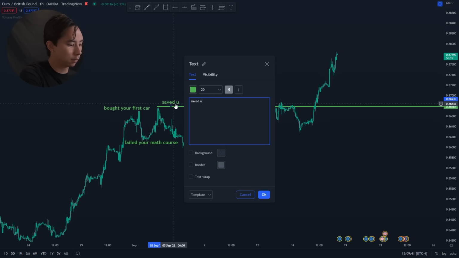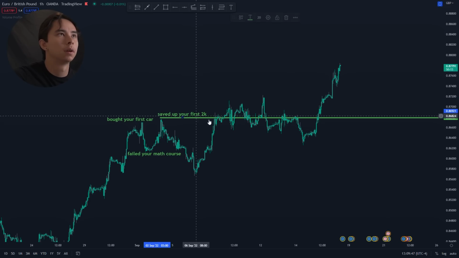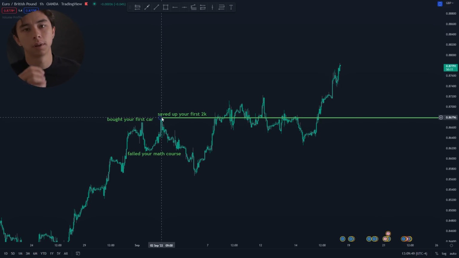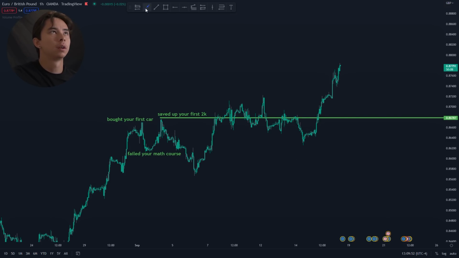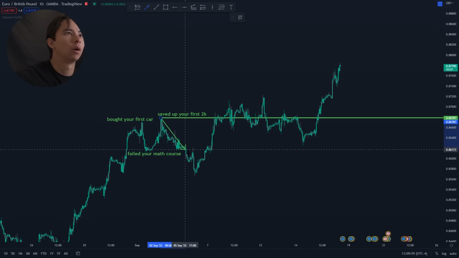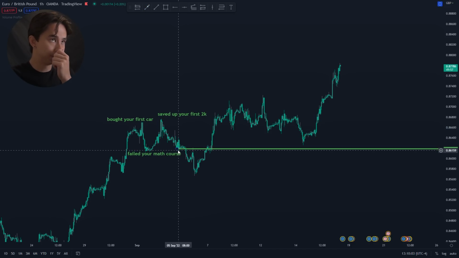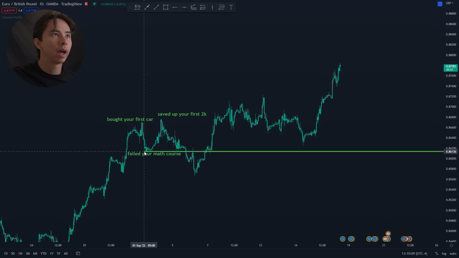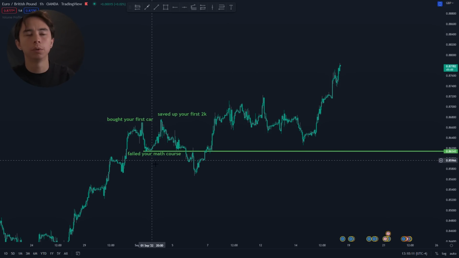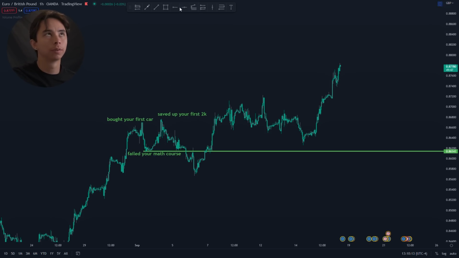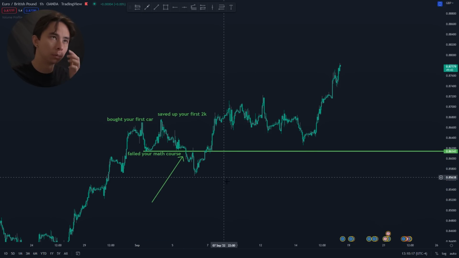But now all of a sudden in your life you start going downhill. All these things start happening. Life's been tough. Maybe all of a sudden you're at this low point again. Something has happened for you to actually go lower than how low you felt when you failed your math course. Something in this candle has made you go lower.